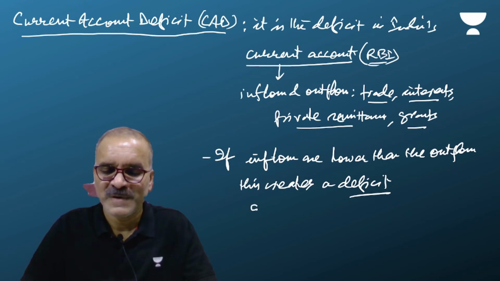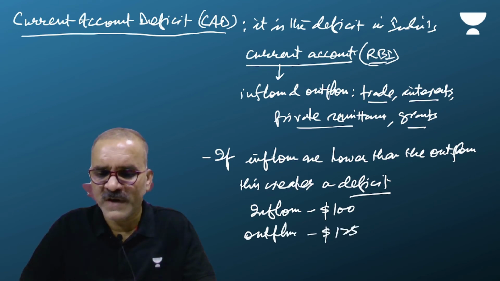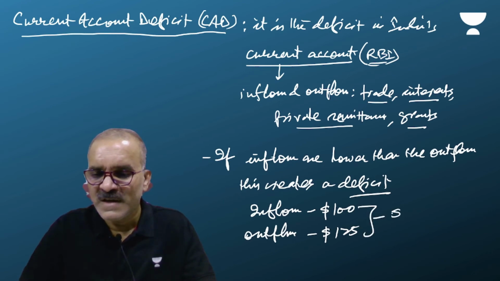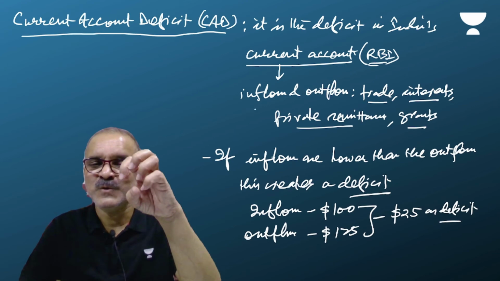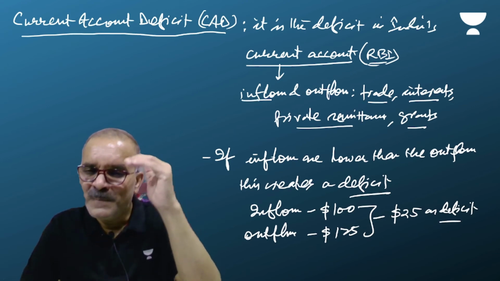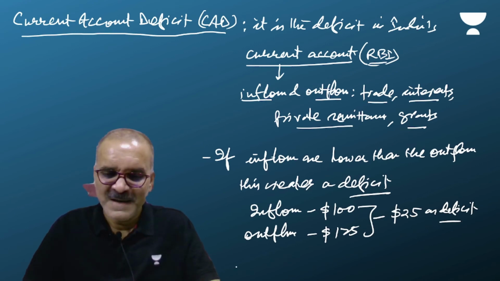For example, suppose inflows in the current account were American dollar 100 and outflows are going to be dollar 125. You see here a clear case of a $25 deficit. The exports we do are inflows. The imports we do are outflows. Clear?